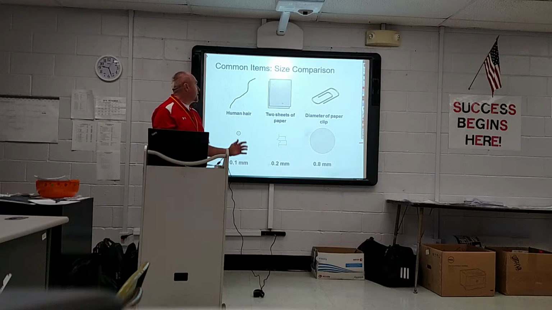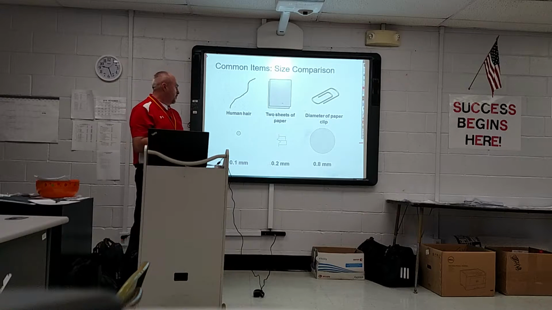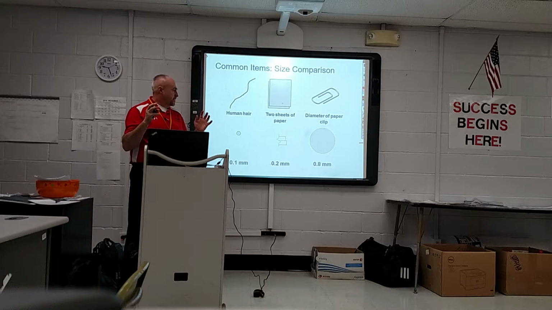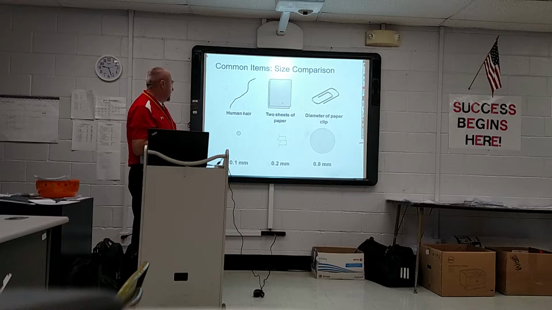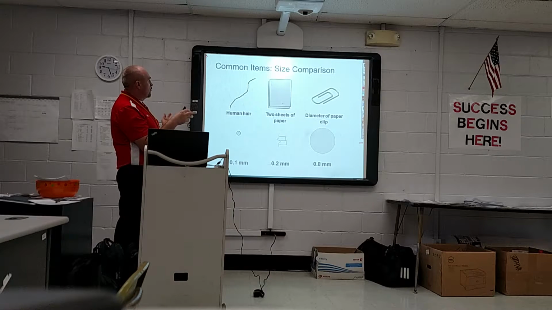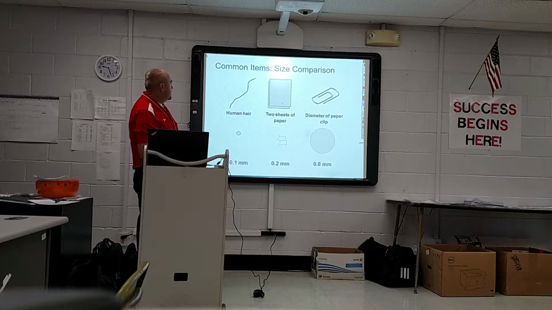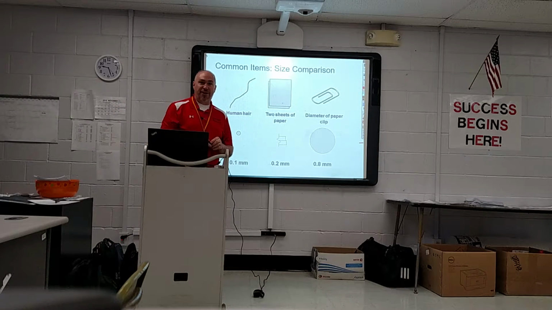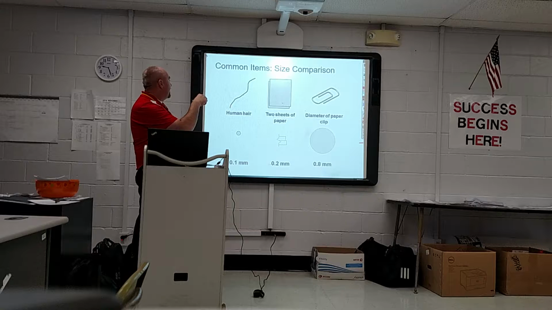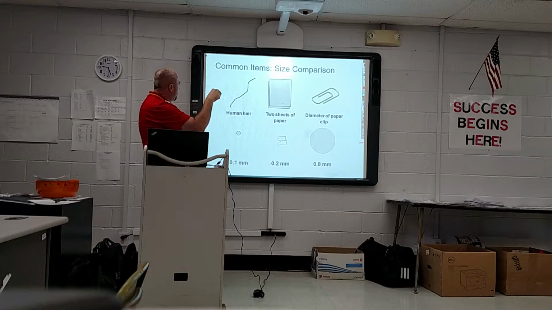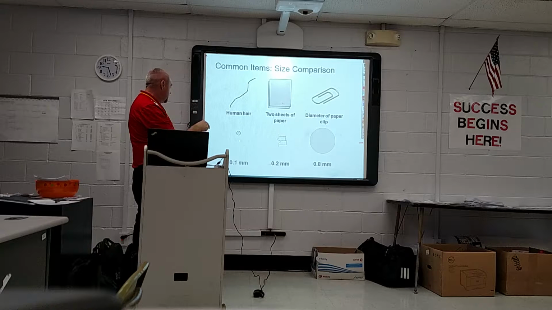When you think about some common items, if you're wanting to think about this metric scale that we're going to look at, the SI scale, and you're wanting to begin to think about how can I use that on common everyday items. Think about the human hair, something that some of us don't have a lot of. If you were to measure the thickness of that hair, it would be 0.1 millimeters.